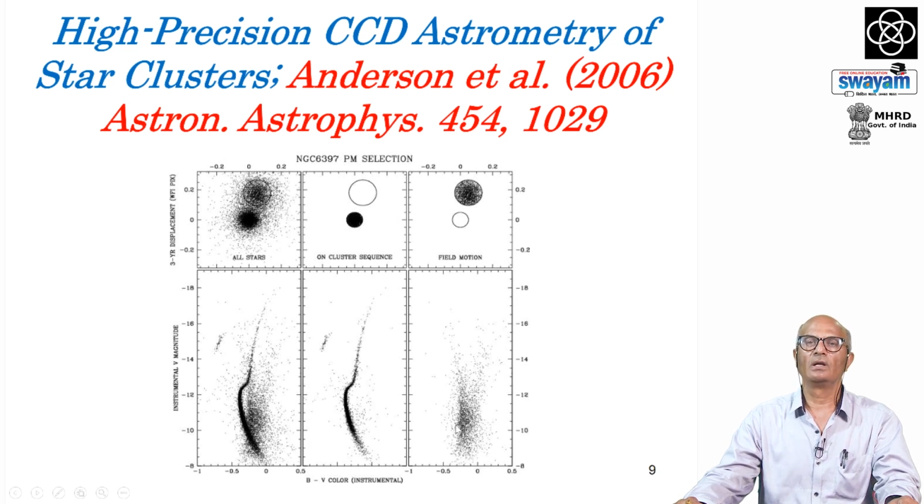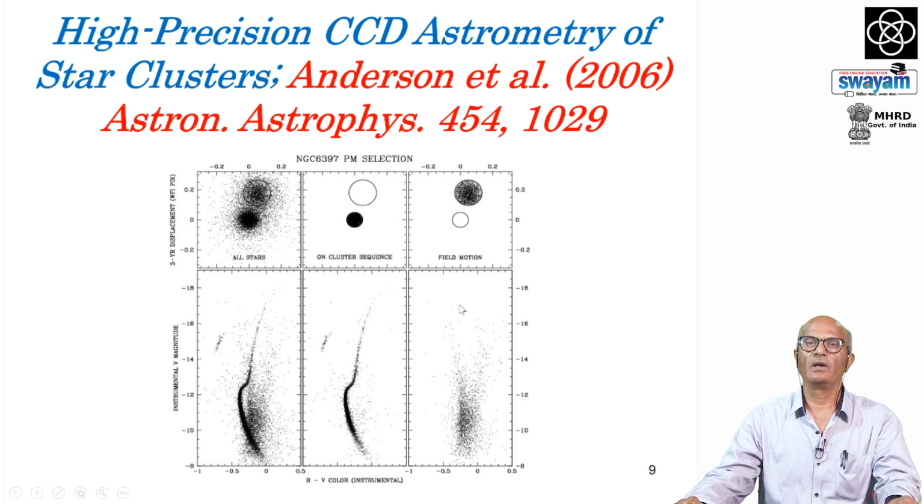That is why their color magnitude diagram is quite different, and they do not have a well defined cluster sequence. They have a different type of structure, and this shows how high precision CCD imaging devices have helped us find accurate measurements of proper motion.